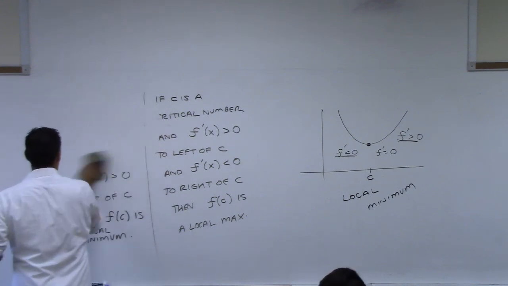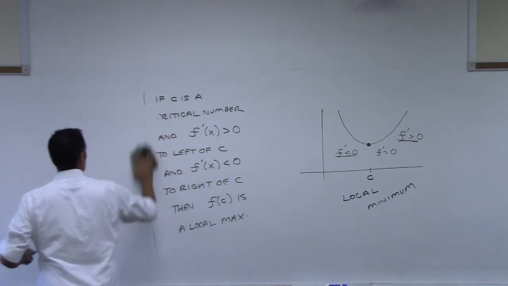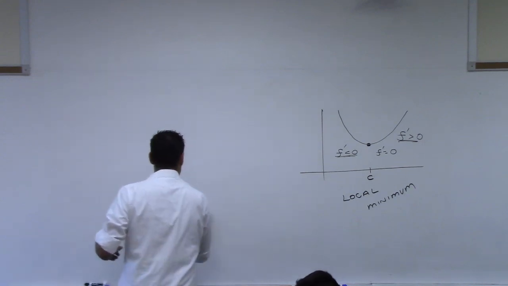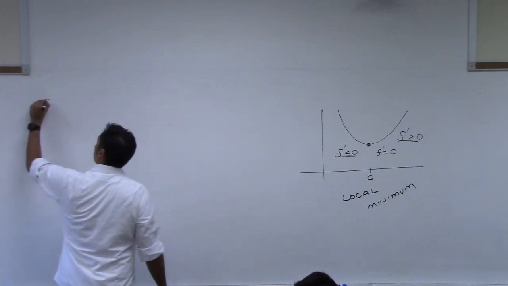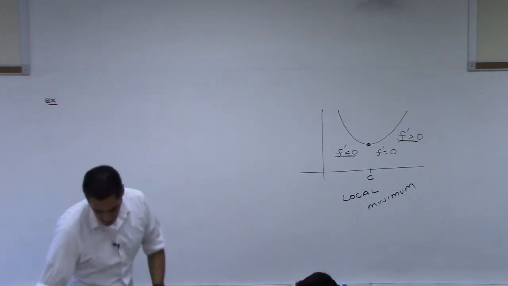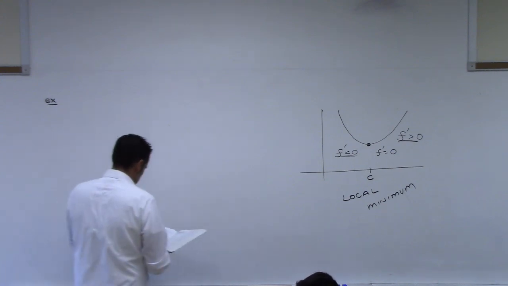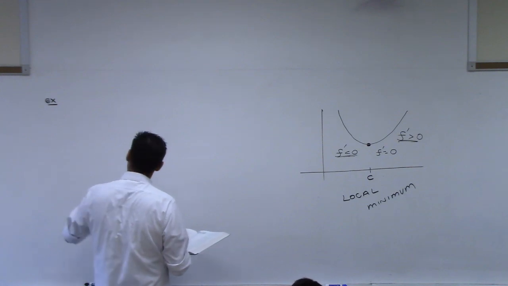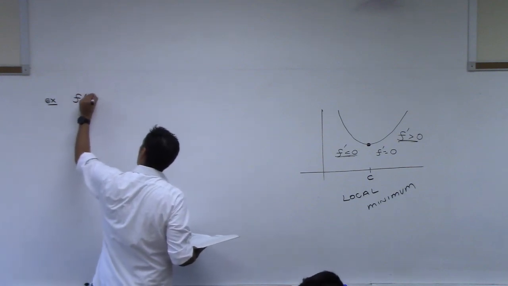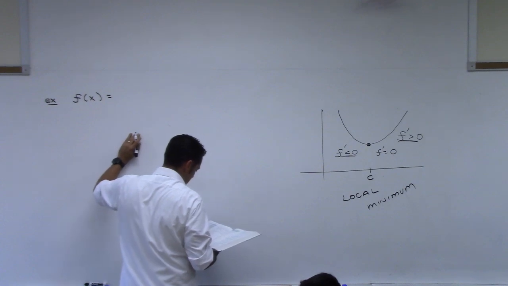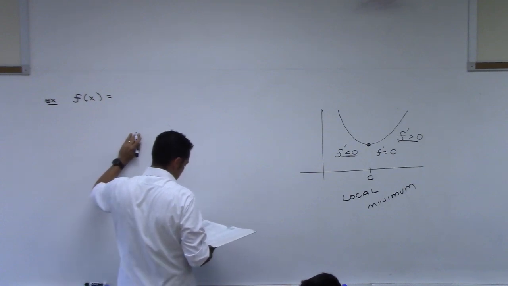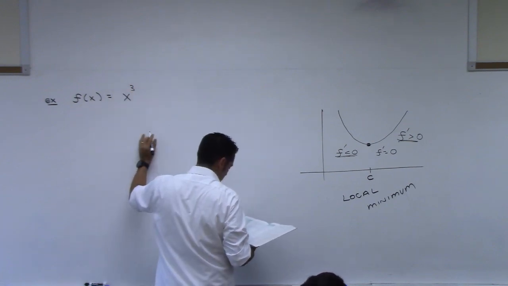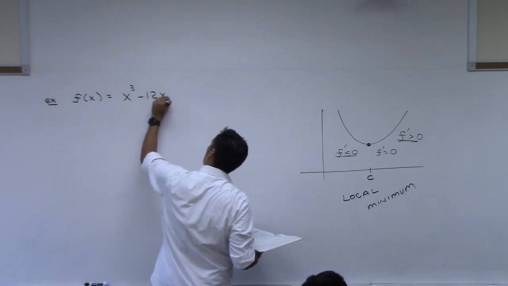So let's do an example where we put all this together. I'm going to give you that f of x is equal to x cubed minus 12x plus 2.